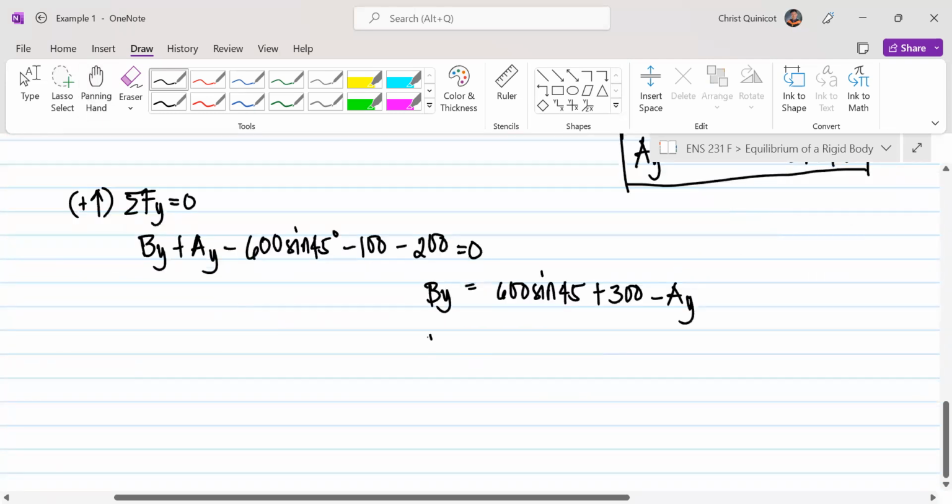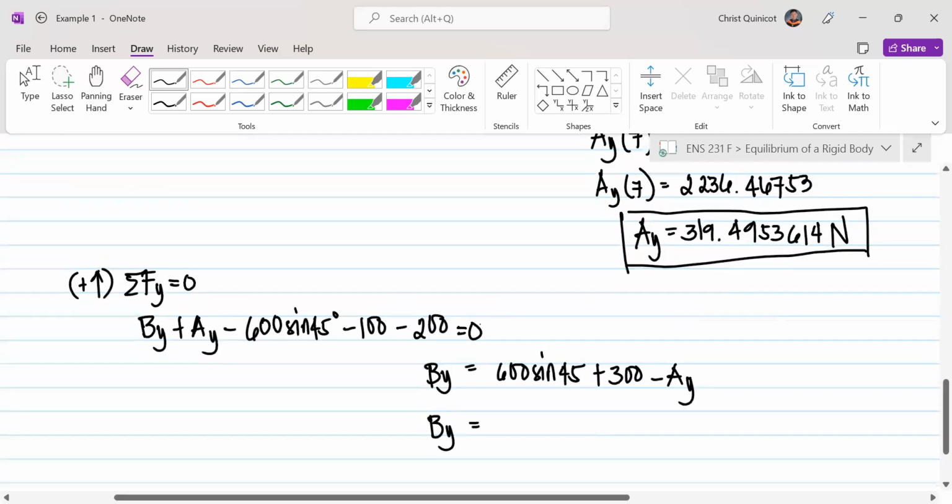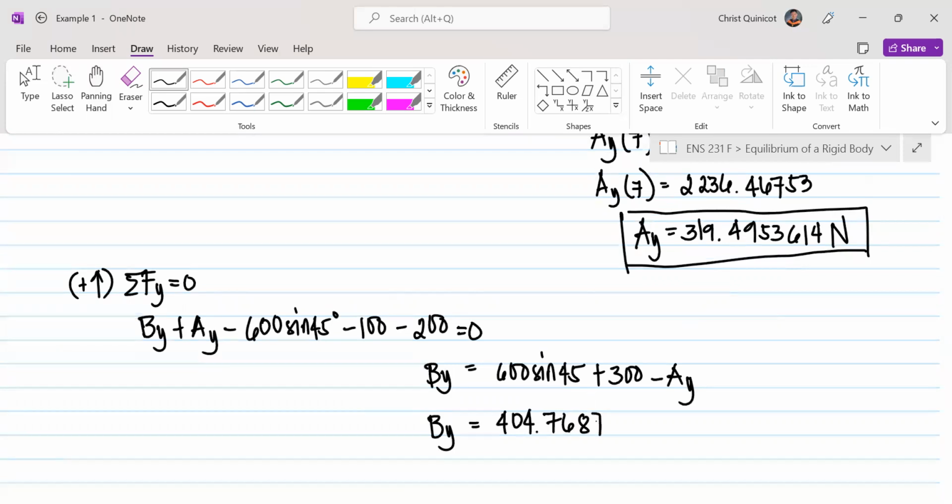So B sub Y is equal to 600 sine 45 plus 300 minus 319.4953614, and that is 404.7687073 Newton. So this is how we solve for any equilibrium problem.